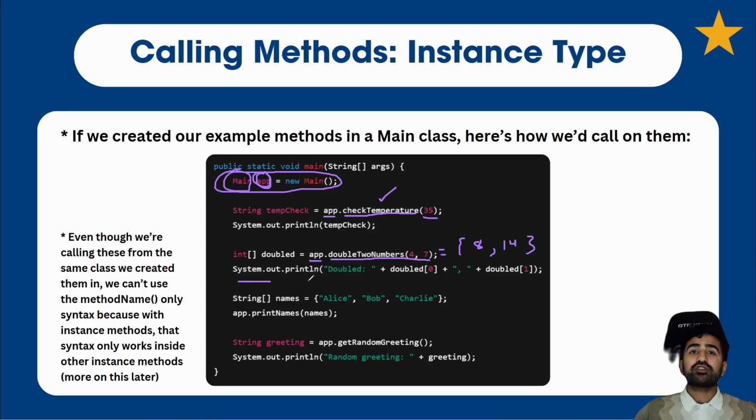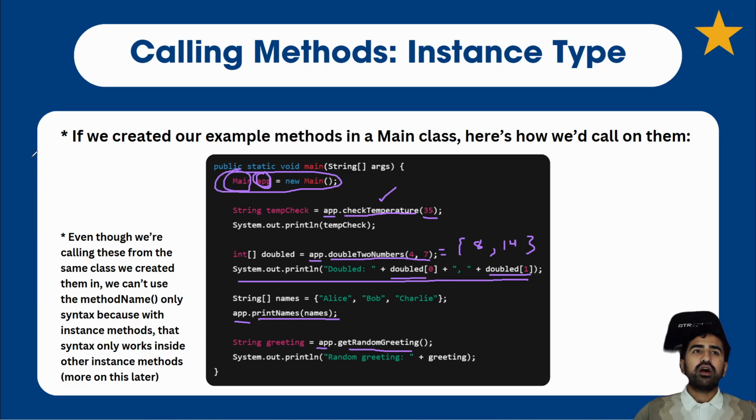So this would actually just print out the first number and the second number. Print names is going to print out all three names. And then greeting is going to give us a random greeting here. So app dot get random greeting, app dot print names. And yeah, that's the syntax. Object, instance method. For instance methods, you need an object. We'll talk about the shortcut though later on.